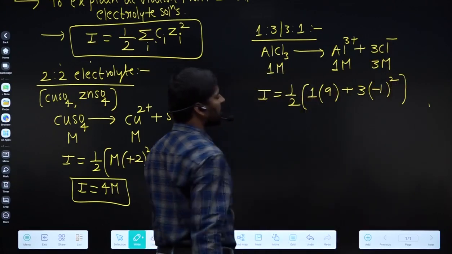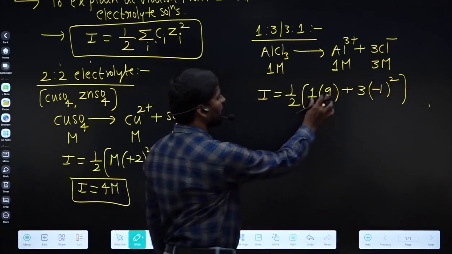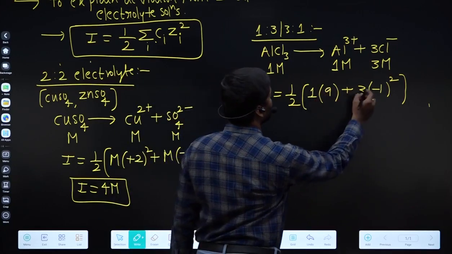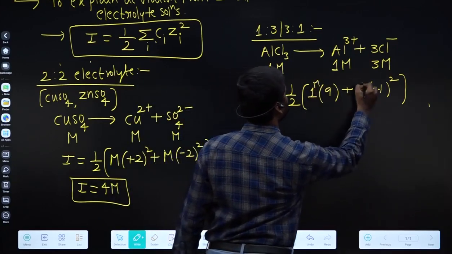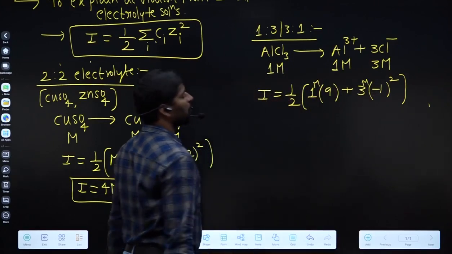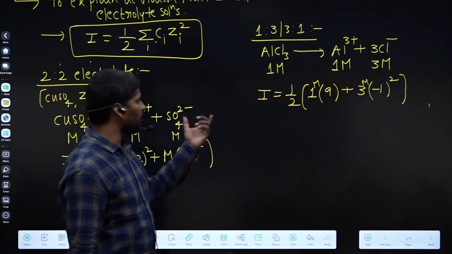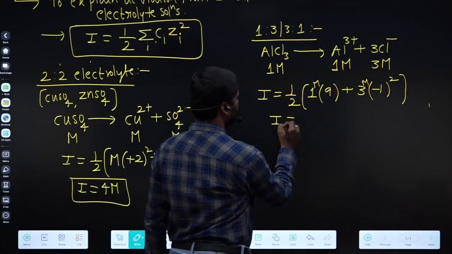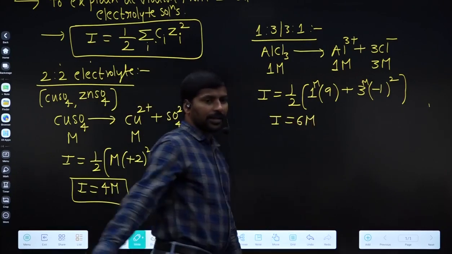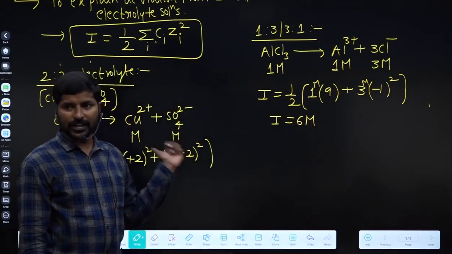Here I wrote directly 3 square, 9. So 9m plus 3m, 12m by 2, that is 6m. So like this we can calculate the ionic strength of an electrolyte.